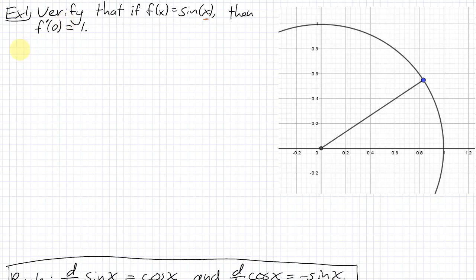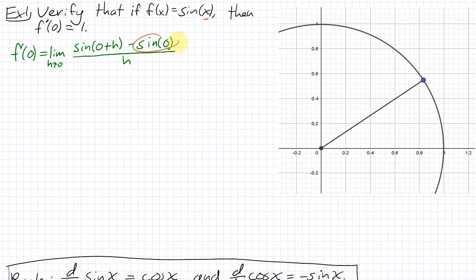So that says that f prime of 0 is defined to be the limit as h approaches 0 of sine of 0 plus h, I'm plugging in x equals 0 there, minus the sine of 0, divided by h.